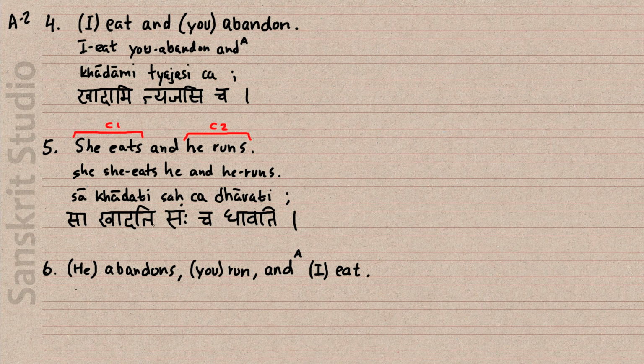Okay, number 6. He abandons, you run, and I eat. And here we don't have any explicit pronouns, so it's just a matter of verbs. And this A here is therefore not necessary. But I did include it just as an example that I might do it anyway.